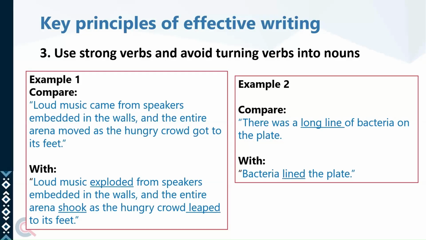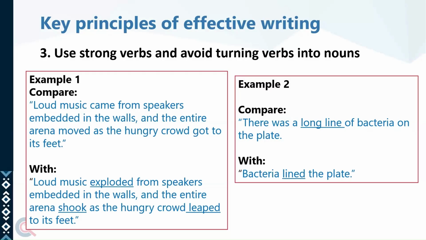Another example, which is avoiding turning verbs into nouns, is example number 2 here. The sentence, there was a long line of bacteria on the plate. Long is an adjective, actually, and line is a noun in this sentence.